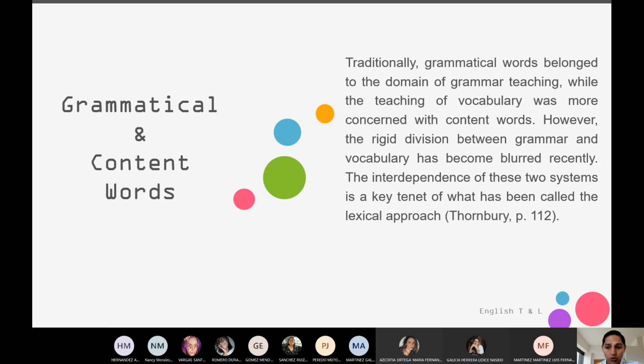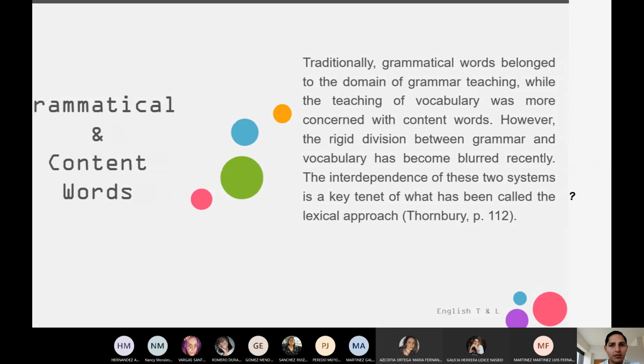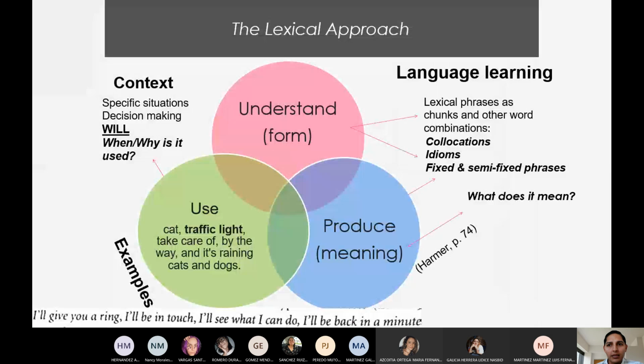The lexical approach is an approach, by the way, for teaching both grammar and vocabulary, and also to explore and to implement tasks that aim to develop the four skills. The lexical approach states three different domains: form, meaning, and use as well.